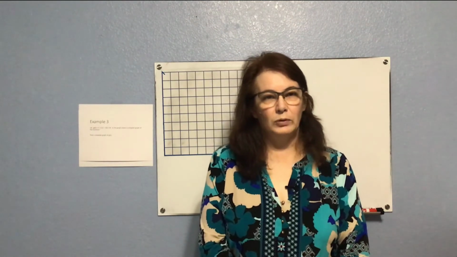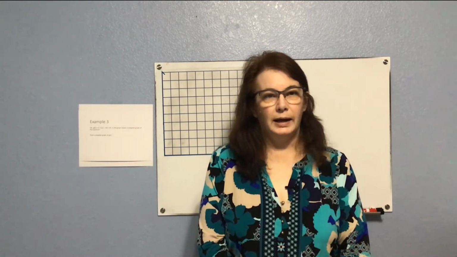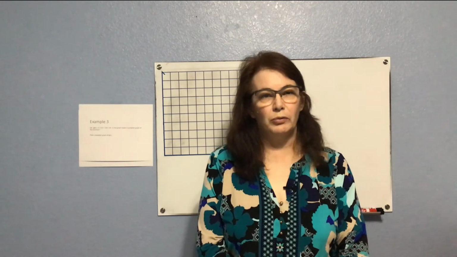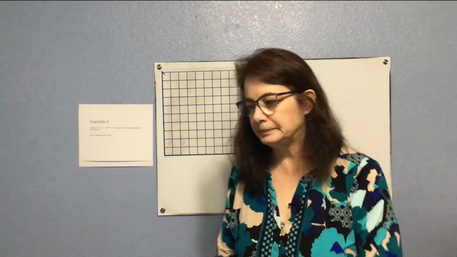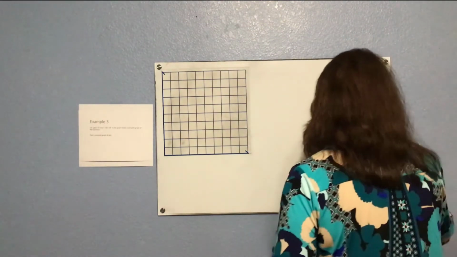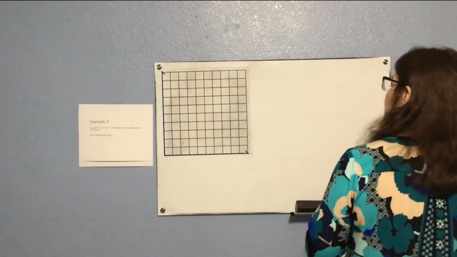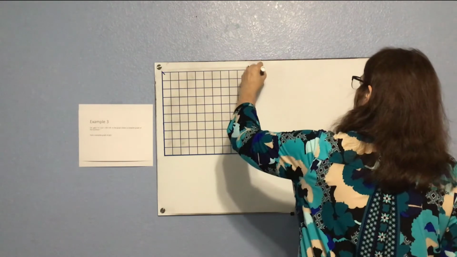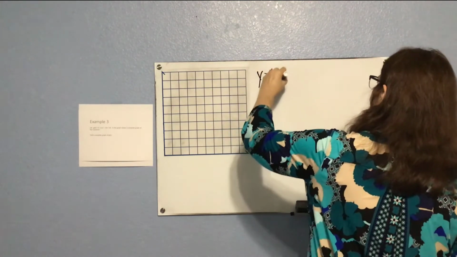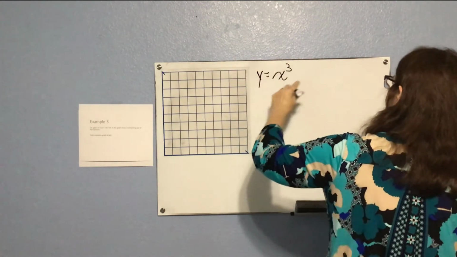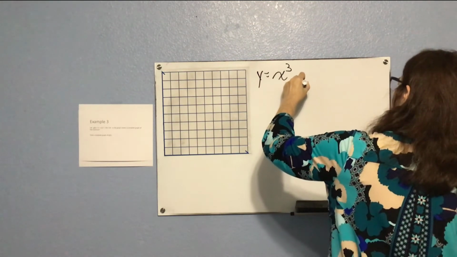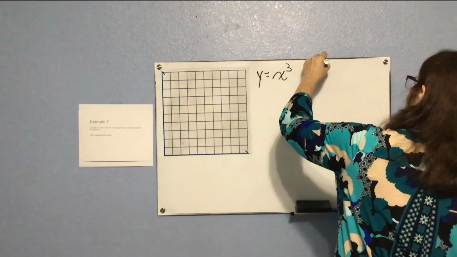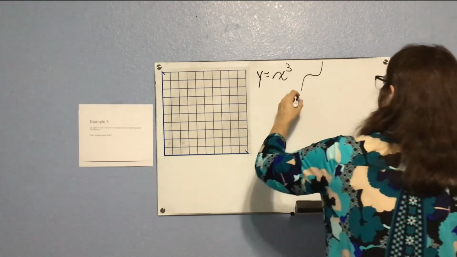Before we work any more on graphing, I'd like to go over some general rules about the shape of polynomial functions. We saw that for y equals x cubed, even if we put a number out here, the shape generally started low, did something in the middle, and ended high.